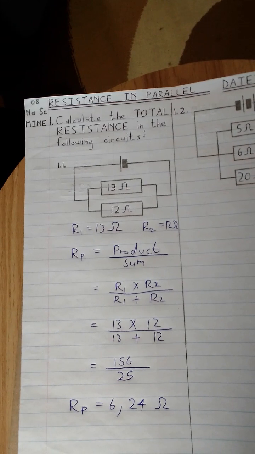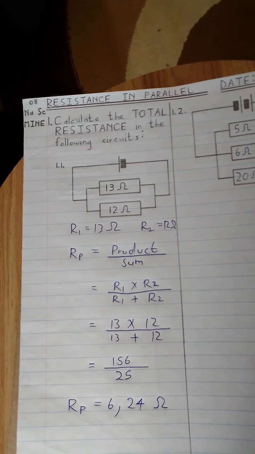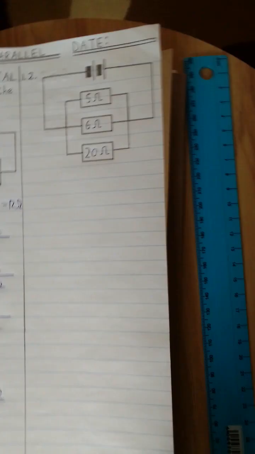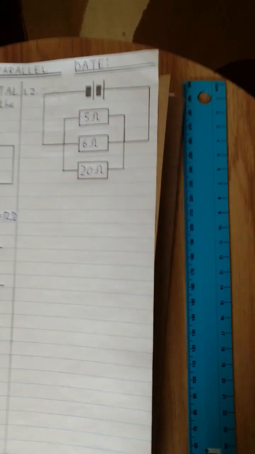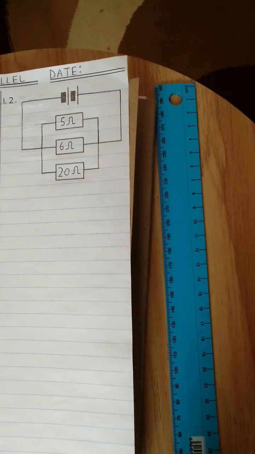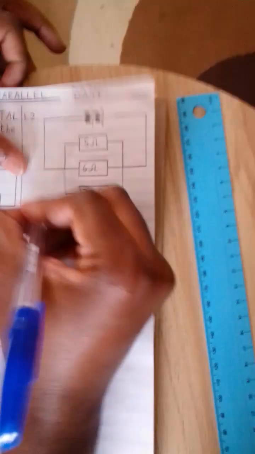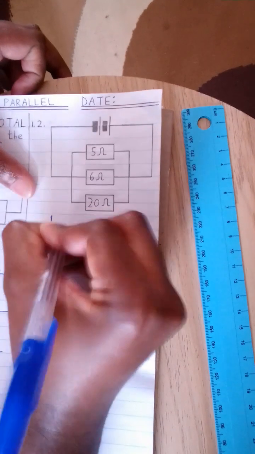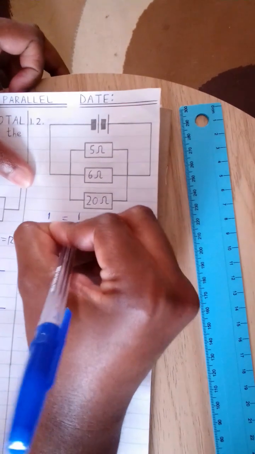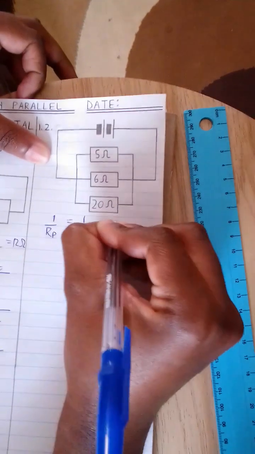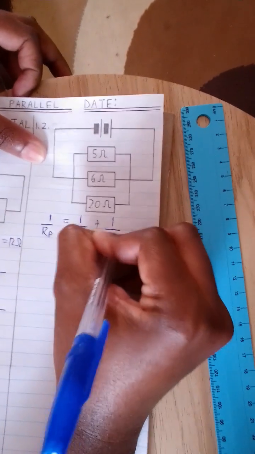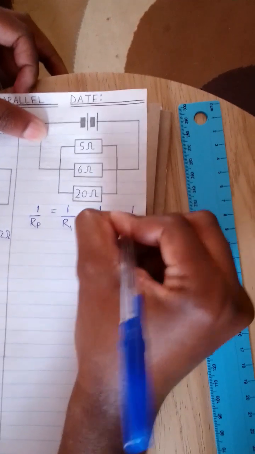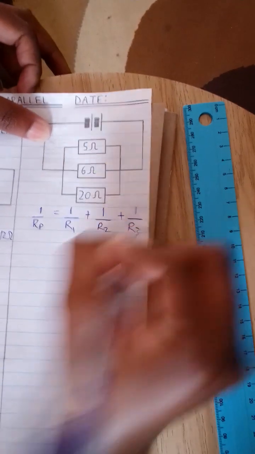Now here comes the bit of the hard one. 1.2. R1 is 5 ohms, R2 is 6 ohms, and R3 is 20 ohms. Now this is going to be a bit hard. So we write the formula. 1 over Rp is equal to 1 over R1 plus 1 over R2 plus 1 over R3.